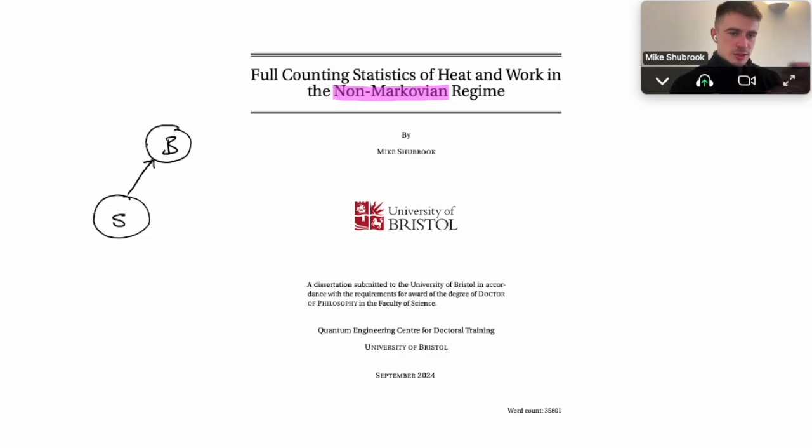The system can interact with the bath, and the bath can influence the system, but the bath forgets the state that the system is in. Whereas in a non-Markovian system, the bath remembers what state the system is in, and it can sort of remind the system what state it used to be in. And that leads to these interesting dynamics of these open quantum systems.